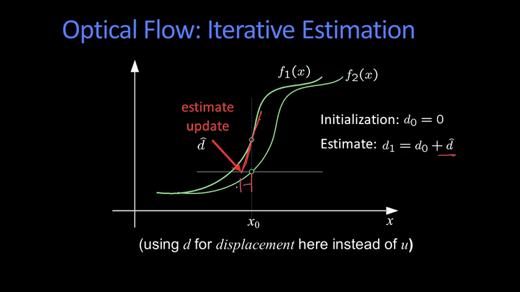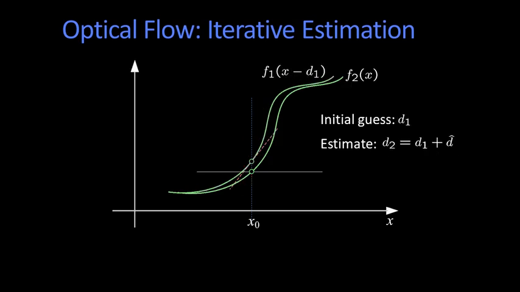That's the amount I have to displace over in order to line up these points. That's assuming this thing were a plane. And if it really were a plane, that would be the amount that I would have to move. So let me do that displacement, and I end up there. So now I've got my d1, which was just d0 plus my new estimate.